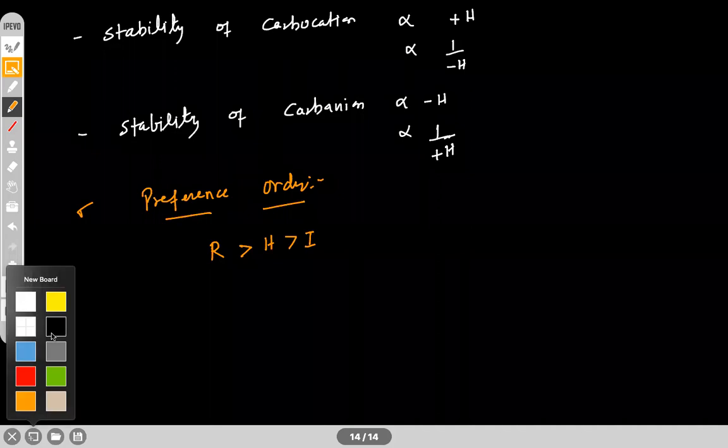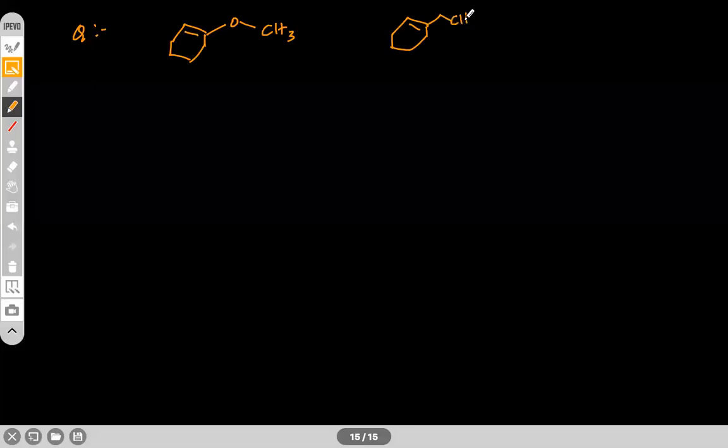Like for example, you see this question and tell me the stability of this double bond. Which alkene double bond is more stable? This one or this one?